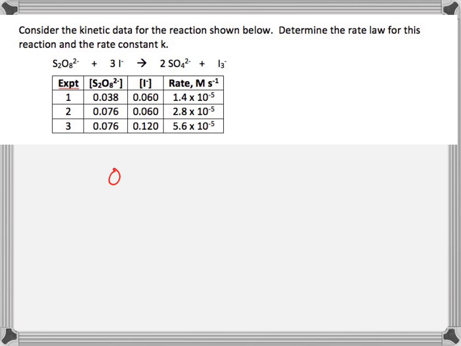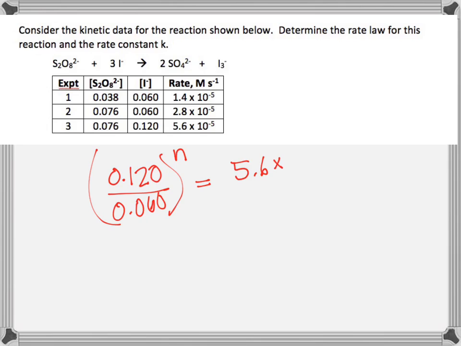And the iodide concentration is larger in experiment 3 than it is in experiment 2. So again, I make a ratio, use the number n, you could use whatever letter you like, and I'll compare those to the initial rates.